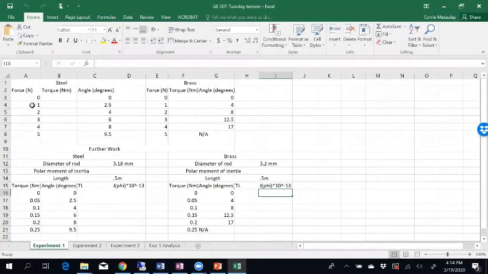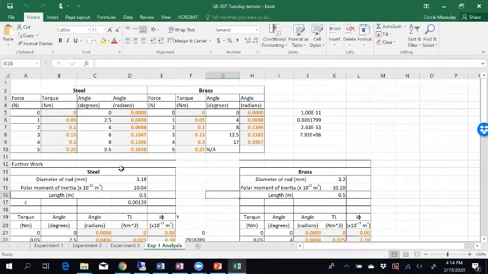So if you have a force of 1 and you multiply that by 0.05, you get 0.05. If it's 2, you multiply that by 0.05, you're going to end up with a torque of 0.1. So yes, you just multiply by 0.05.